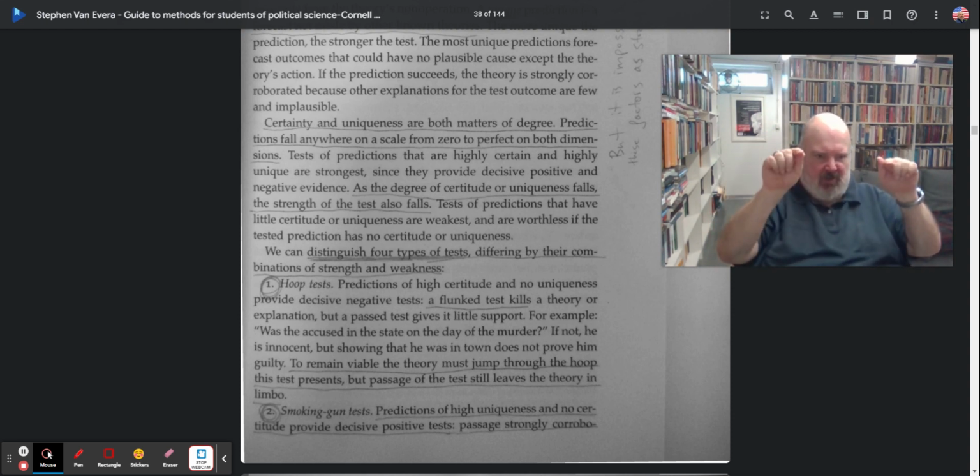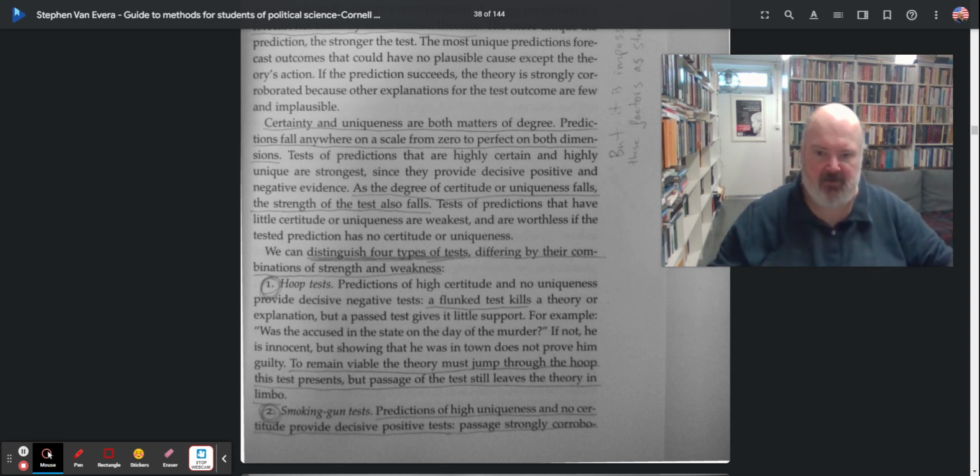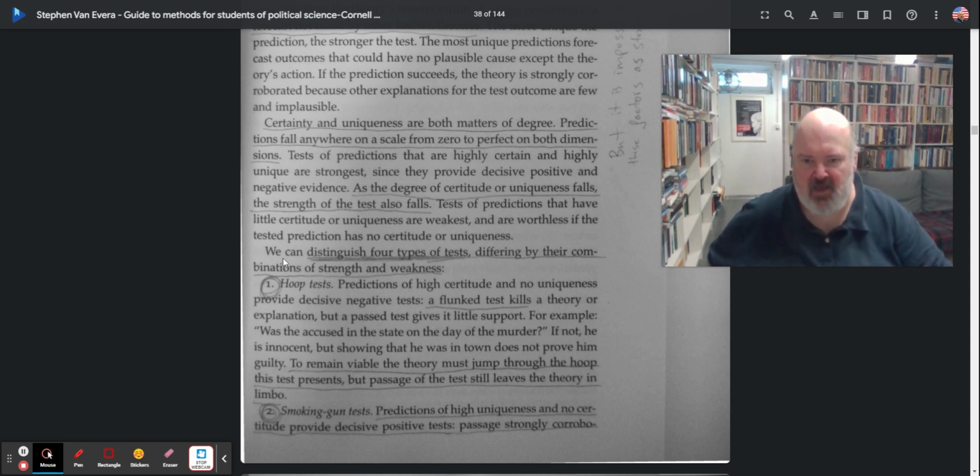Every one of these is one type, and therefore you get four varieties here.